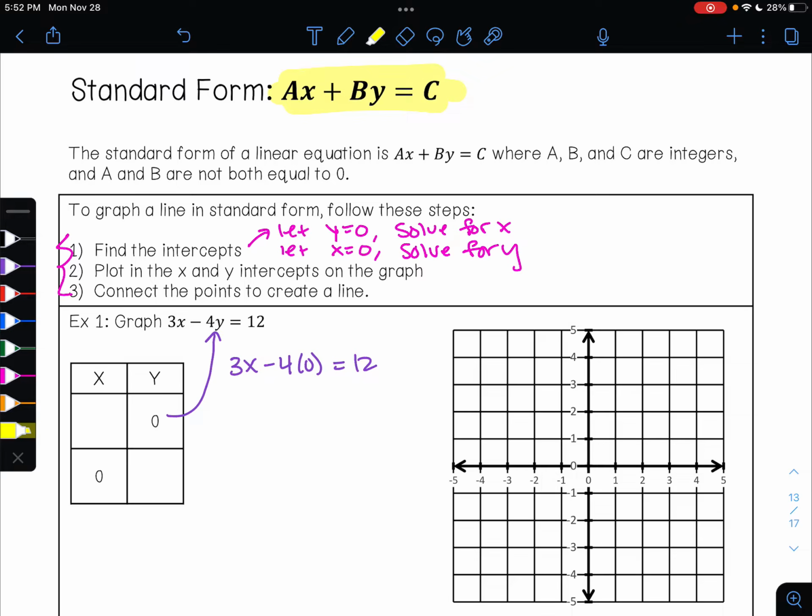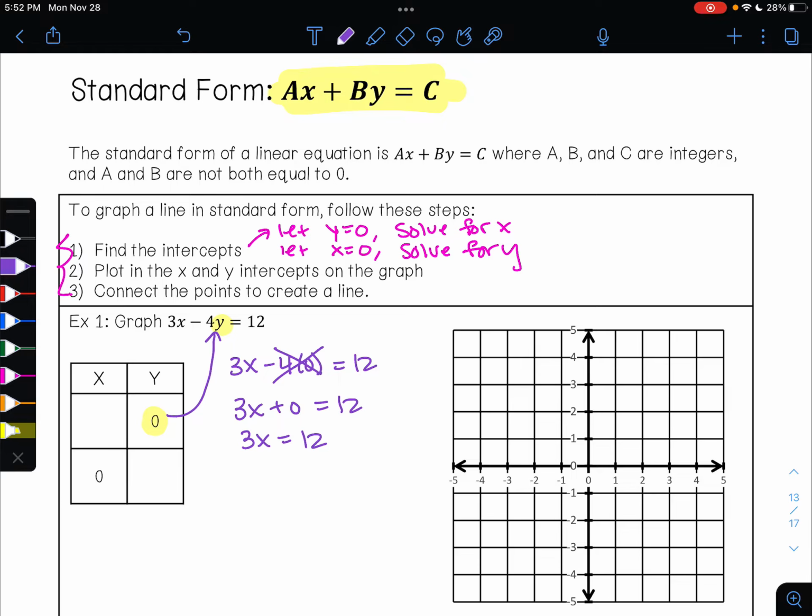All I've done is replace this y with 0. Any number times 0 is 0, so essentially this goes away because negative 4 times 0 is 0. So we have 3x plus 0 equals 12. Well, 3x plus 0 is just 3x.